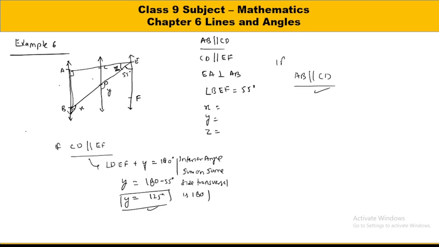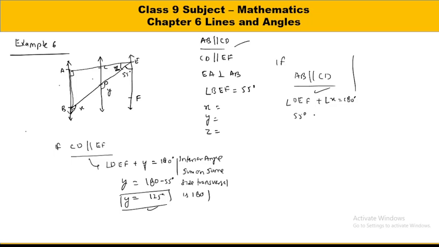If AB and CD are parallel, then angle DEF plus angle X equals 180 degrees.